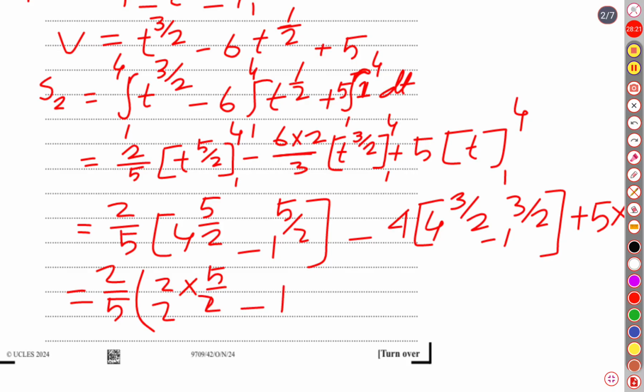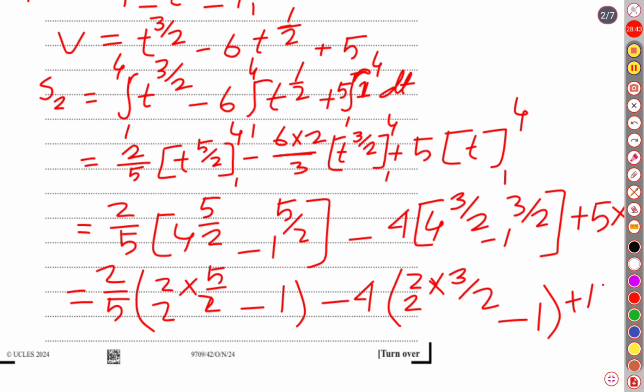Okay, 1. And the second part, if we write here, 4 means 2 square, so 2 square means 2 into 3 over 2, and 1 raised to something is 1, minus, sorry, plus 5 plus 3, it is 15.